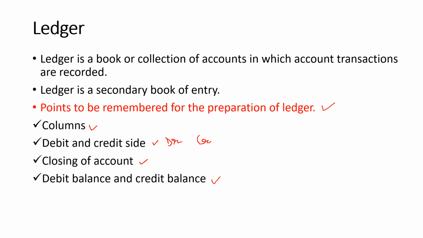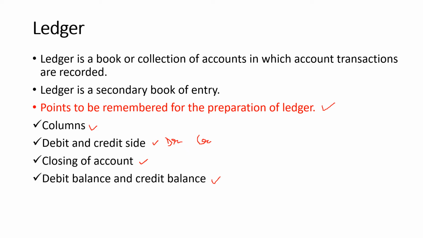In the opposite, vice versa, if you get the brought down on the opposite side, for example, you have closed the account and by balance brought down you will write it in the credit side, January 31st. Okay, you'll write the balance above the total, then that balance you have to bring to the debit side.